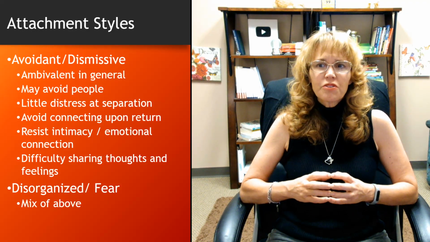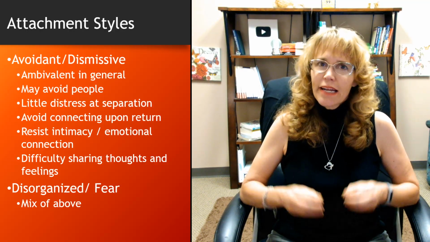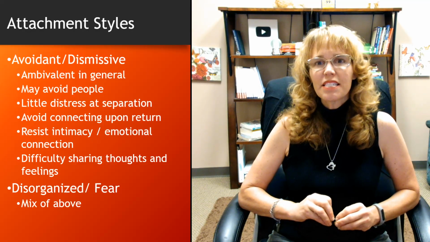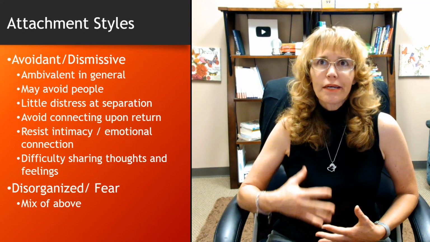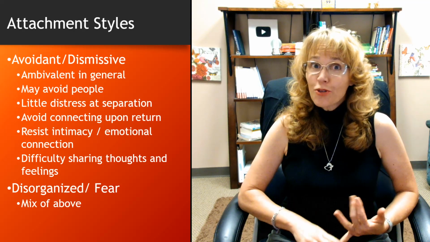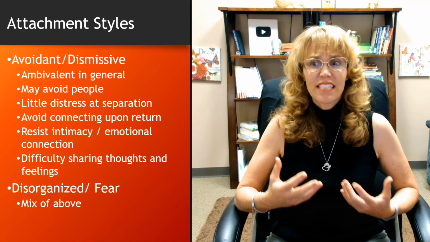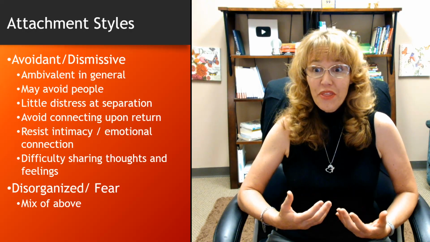People who are avoidant or dismissive often resist intimacy and emotional connection. Now remember, intimacy is not just sex. Intimacy involves sharing of our personal or sensitive emotions, thoughts, and just our general status, letting people know how we are, who we are, what we're thinking.